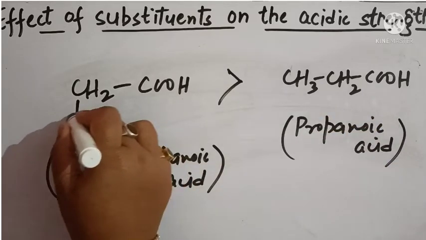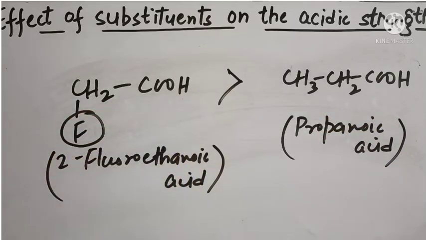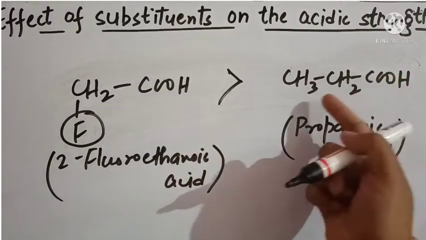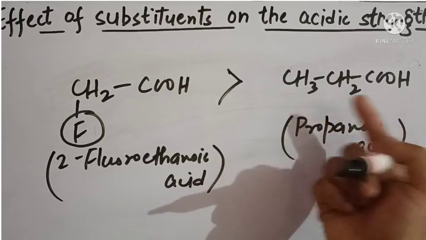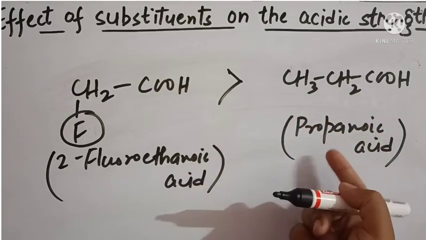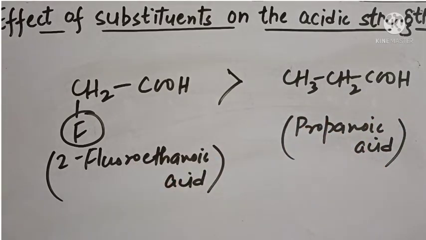Yes or no? Because here one electron withdrawing group is attached, but in this case the group is electron donating or no group is attached, so it is quite less acidic in comparison to the fluoroethanoic acid.